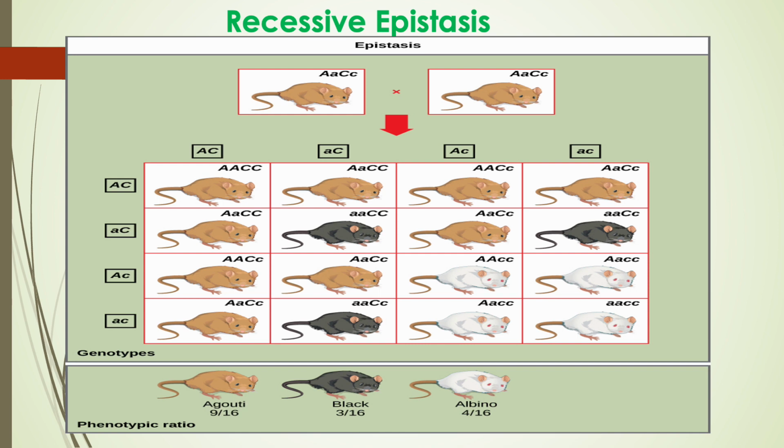So we can see the formation of 4 white or albino, that is, no pigmentation is present. In the rest of the places, wherever the recessive gene is not present to suppress the expression of the dominant genes, we can see the coat color being expressed.